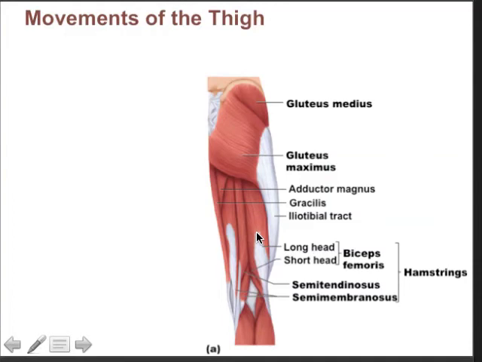The biceps femoris is the most lateral muscle of the posterior thigh. The semitendinosus is the next most medial muscle, and the semimembranosus is the most medial muscle and lies under the semitendinosus as well as lateral to it.